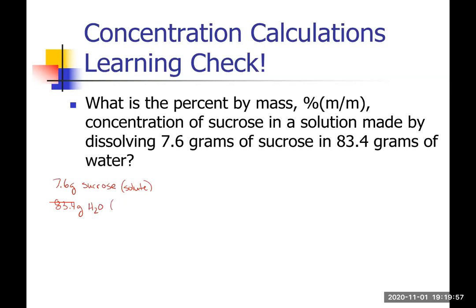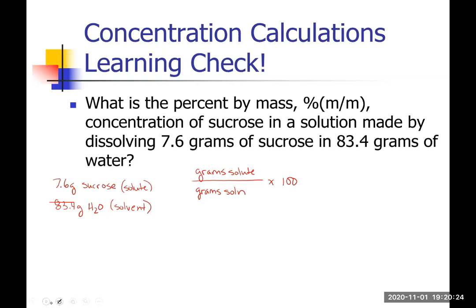And so we know that the water is our solvent. We know the formula for this is grams of solute over grams of solution, and we multiply that by 100.